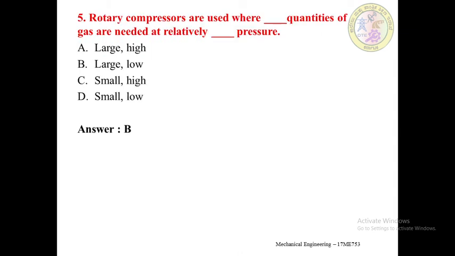Question number 5: rotary compressors are used where dash quantity of gas is needed at relatively dash pressure. Options are large high, large low, small high, small low. The answer will be large and low. Means the rotary compressors are used where a large quantity of gas is needed at relatively low pressure.